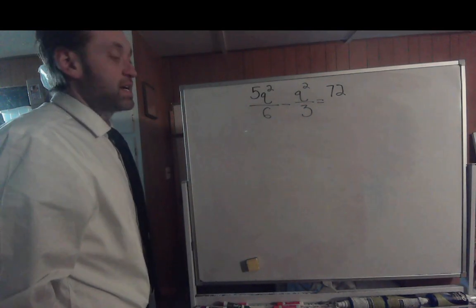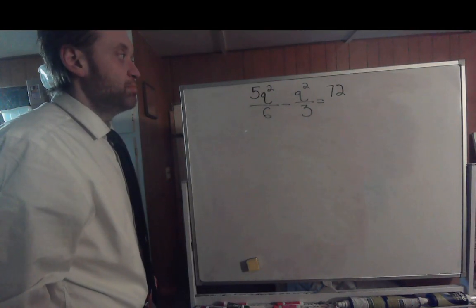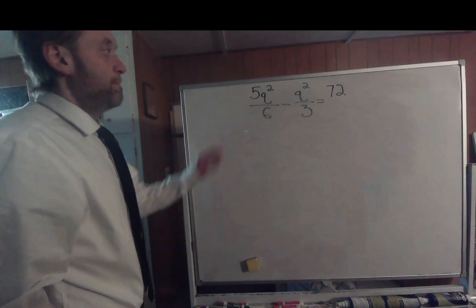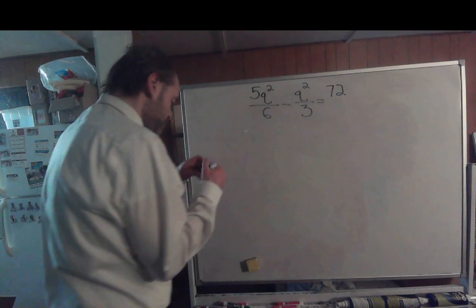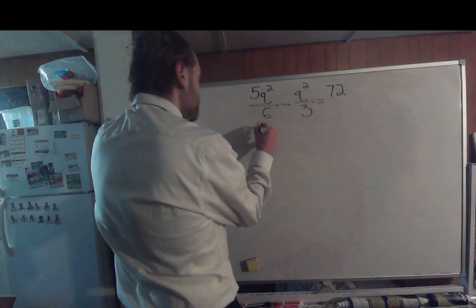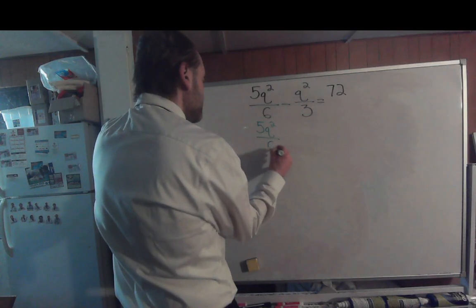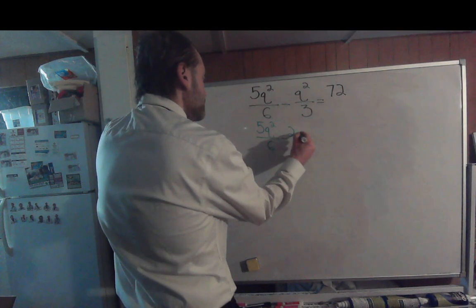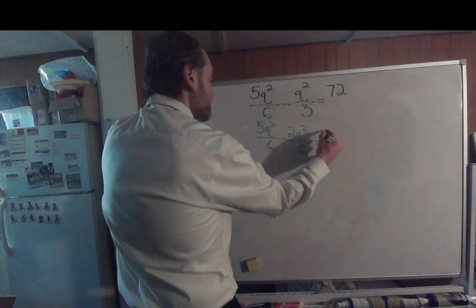Well, let's find a common denominator on the left-hand side. That's obviously going to end up being 6. So this will turn into 5q squared over 6 minus 2q squared over 6 would still equal 72.